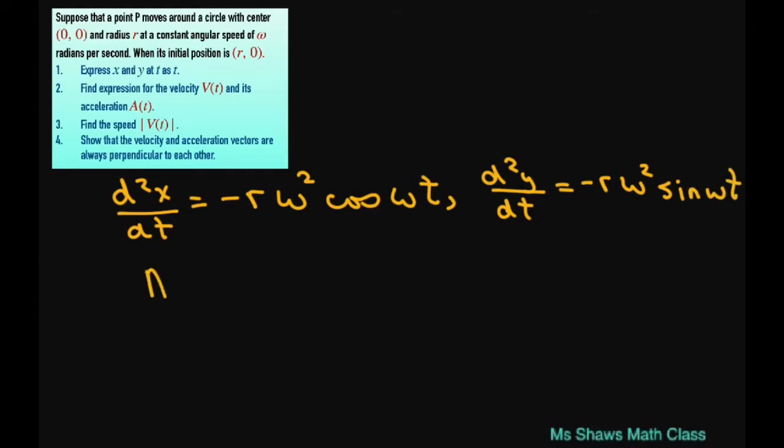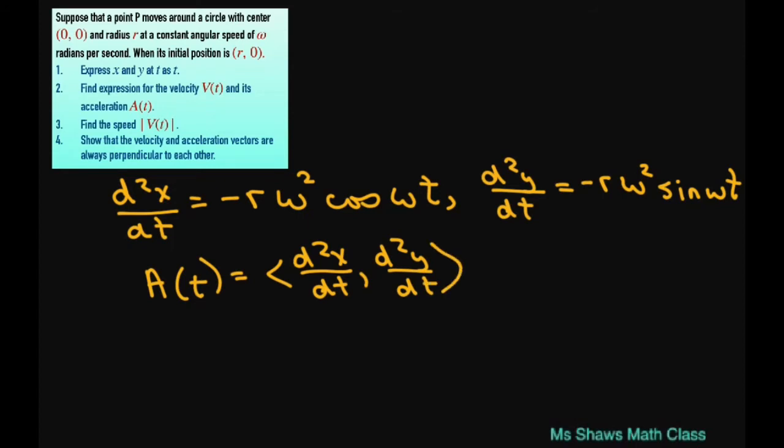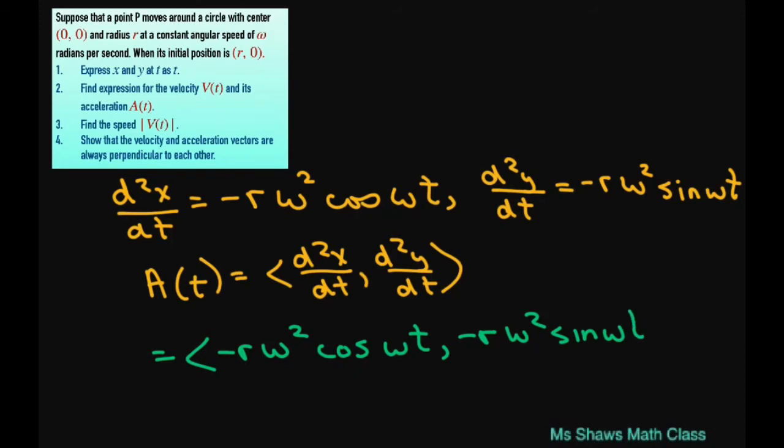Therefore, your acceleration of t equals the second derivative of x with respect to t and the second derivative of y with respect to t. And we can write it as negative r omega squared cosine of omega t, and then negative r omega squared sine of omega t. These are both functions of t. All right.